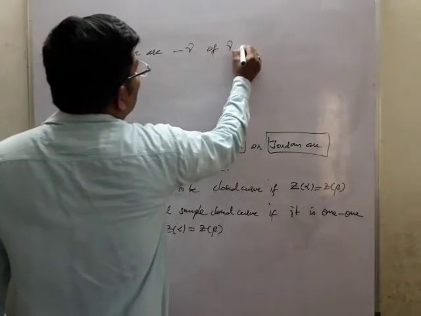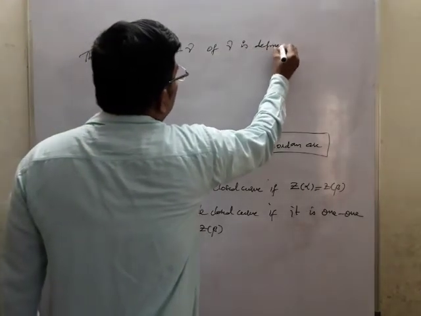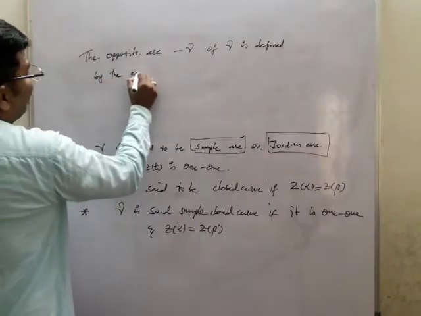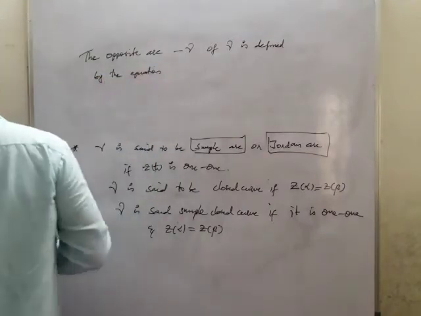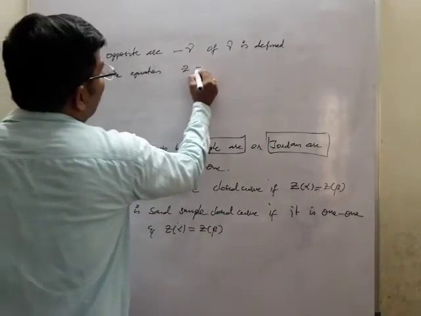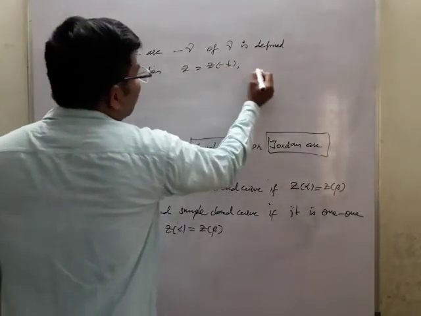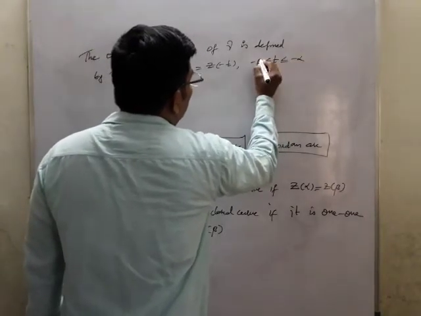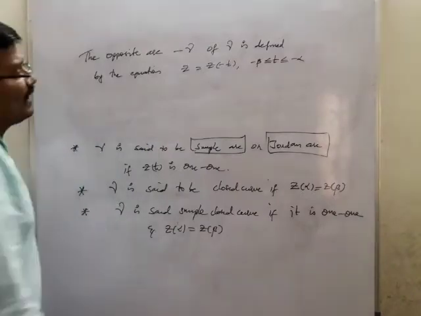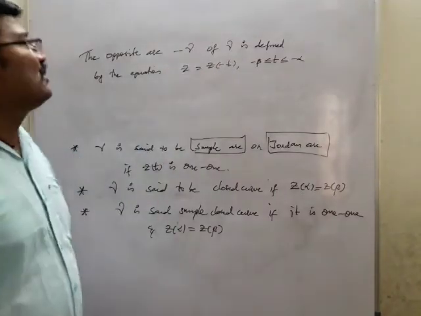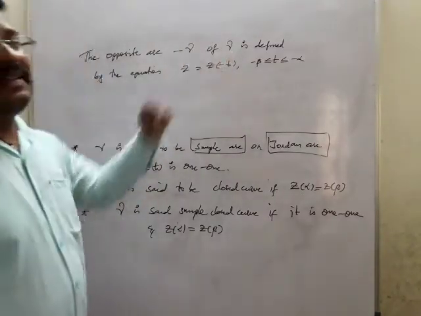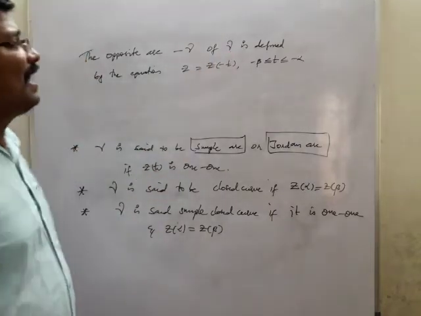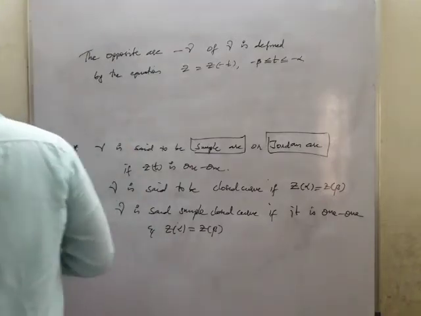The opposite arc, minus gamma, is defined by the equation z equals z of minus t, where t is between minus beta and minus alpha. Now this is called the opposite arc. This is the positive gamma, and minus gamma is the opposite arc. We will define it in the form of like this.